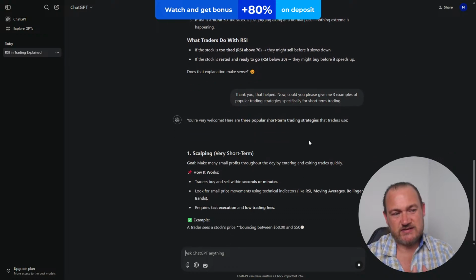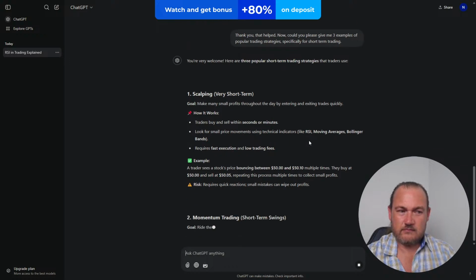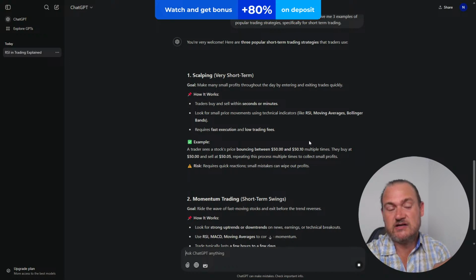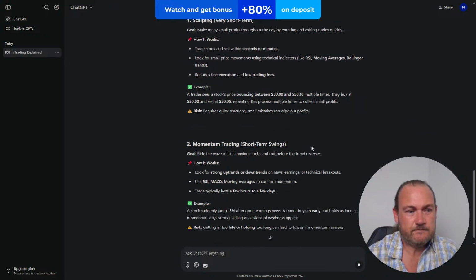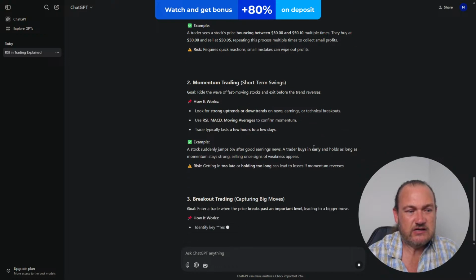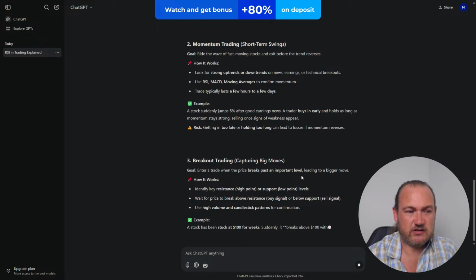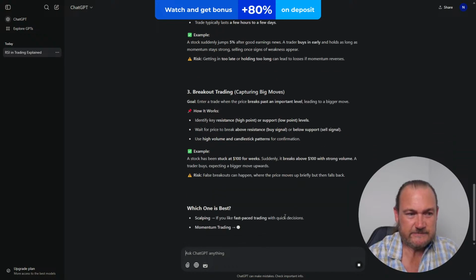Okay, so scalping is not a strategy. Momentum trading. Okay, so sometimes, like I mentioned, sometimes chat doesn't understand the question properly. So at the moment, she's giving us examples of short-term trading, but she's not giving us any strategies.